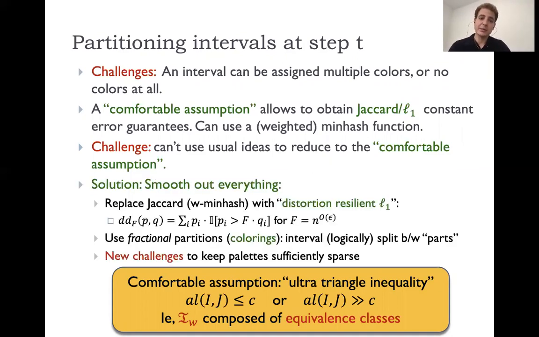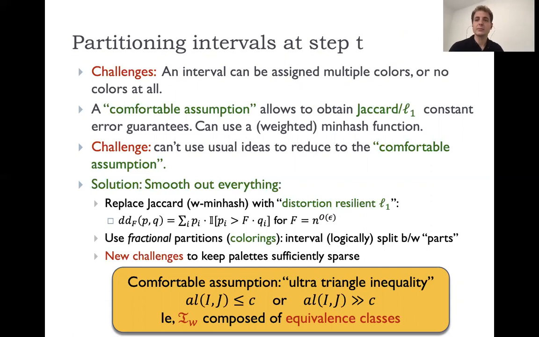So instead, we came up with a new idea, which was to smooth out everything. Instead of using the minwise hash, we define a new function called the distortion resilient L1, which allows us to distinguish the multiplicative error that one necessarily gets from the different neighborhoods between x_i and y_{pi(i)}.